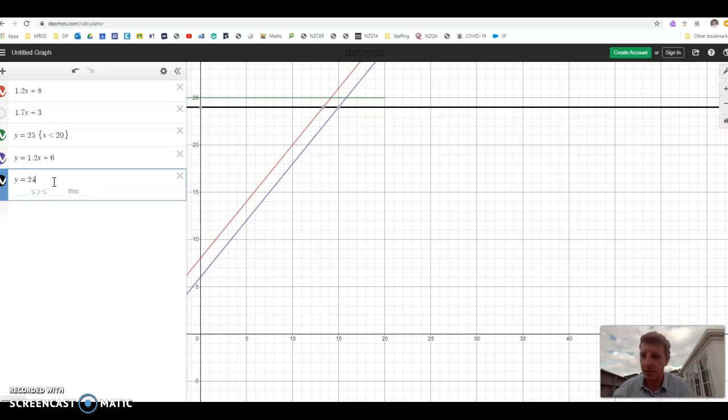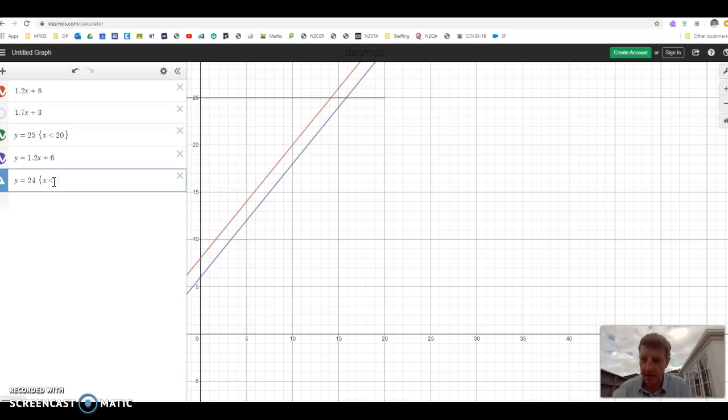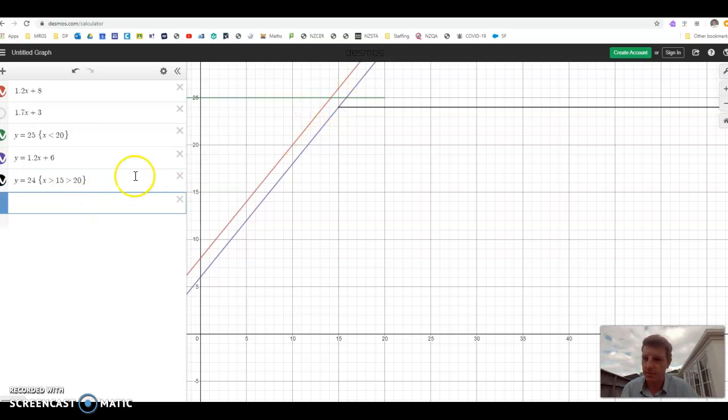That's going to be y equals 24. I'm going to start that from x is bigger than 15, and up to 20. So here's this line here. So I'm going to have this two-part line. So that's for excellence.